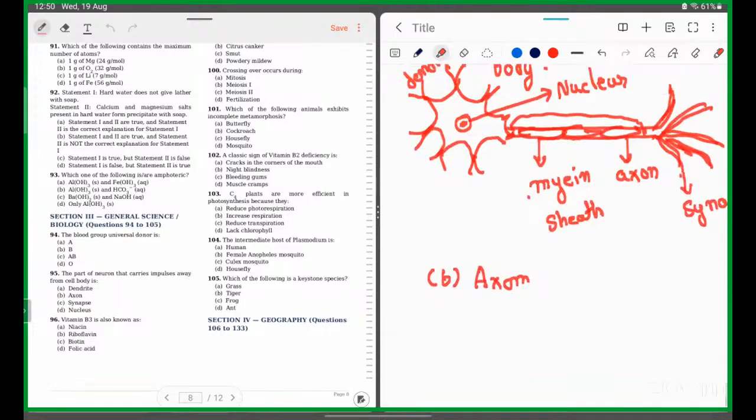Next question is 96. Vitamin B3 is also known as.